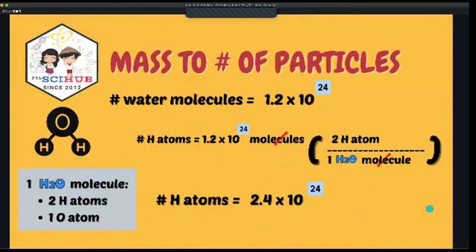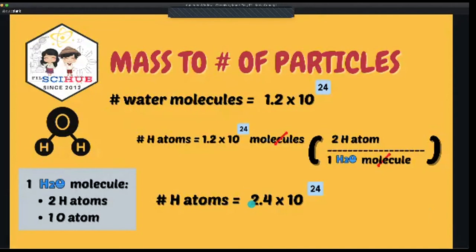And so what you do is you cancel out the unit. So this value multiplied by 2 would give you 2.4 times 10 to the 24. So that's the number of hydrogen atoms. Which makes sense kasi 1 molecule of water, 2 hydrogen atoms. So if you have 1.2 times 10 to the 24 molecules of water, doble nun yung number ng hydrogen atom.